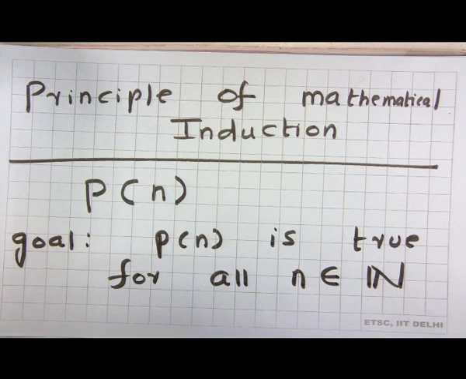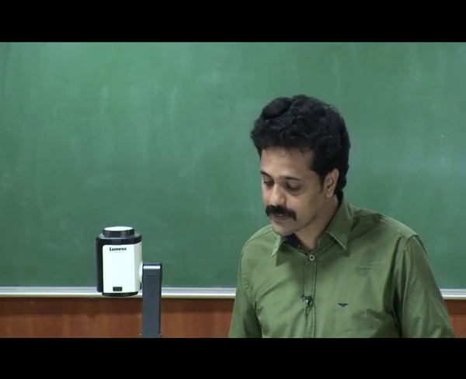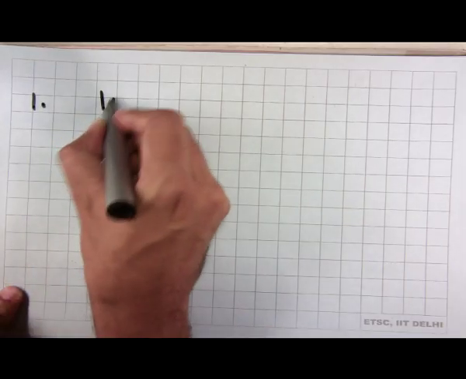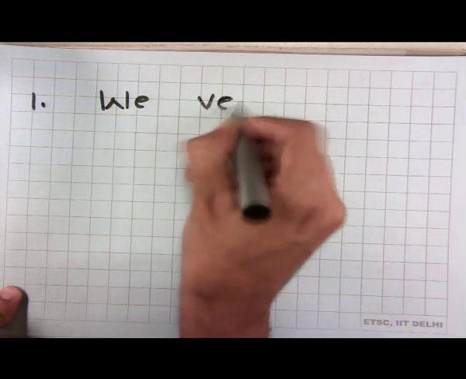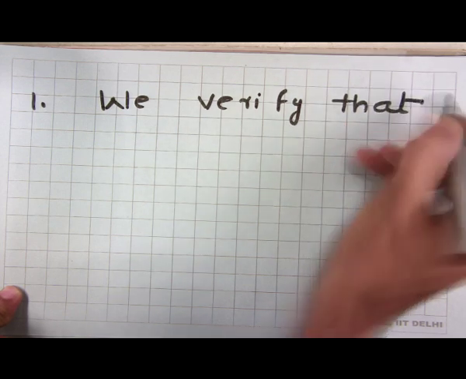We can complete this in 2 steps. What are those steps? Step 1, we verify that P of 1 is true.